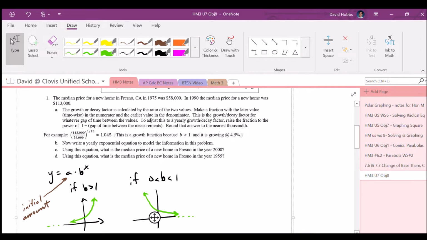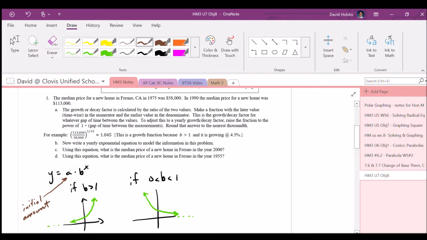But for 5 to 10 years at least, it's a very good predictor. Sometimes longer than that, but anyway. So the median price for a new home in Fresno, California in 1975 was $58,000. In 1990, the median price for a new home was $113,000.